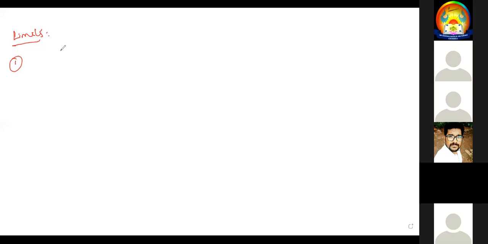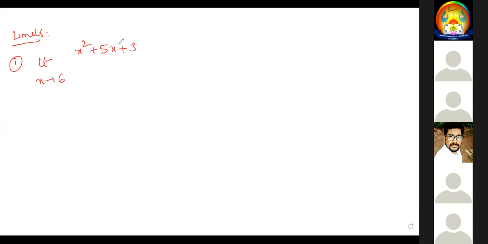So limit x tends to 6, x square plus 5x plus 3 by x square minus 7x plus 6.